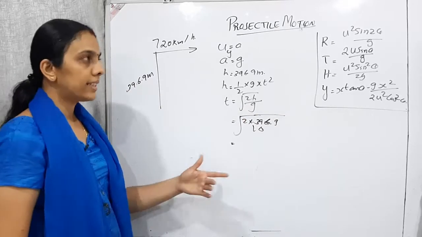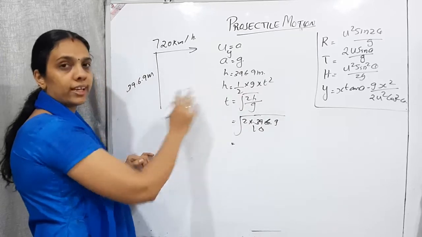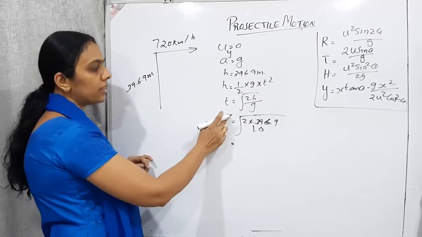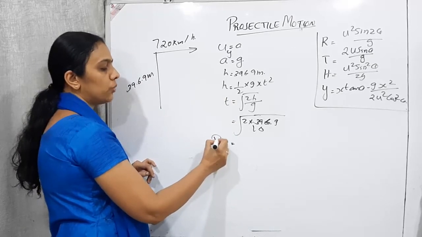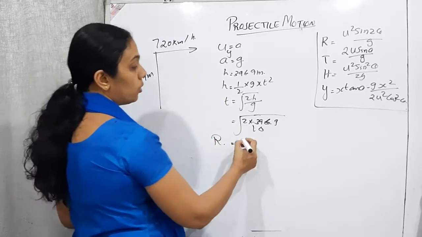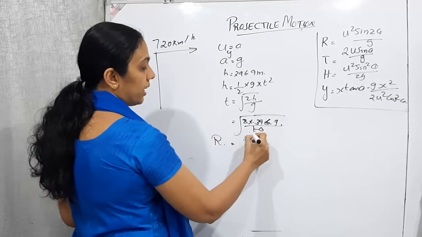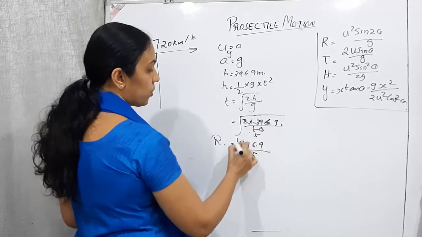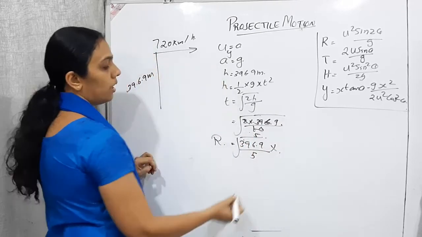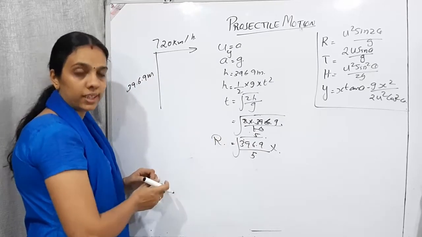And the horizontal range, how we can find out, that is the horizontal distance. During this time the distance covered, range, will be equal to velocity into time.